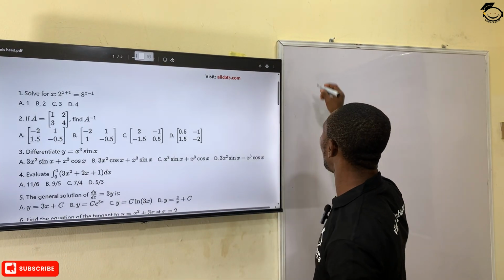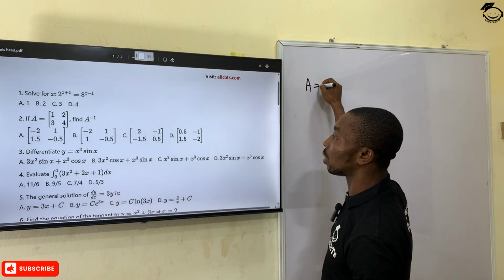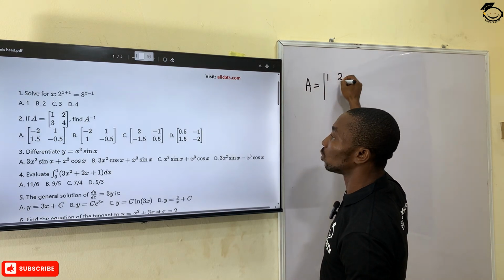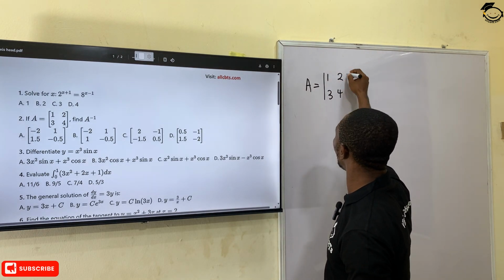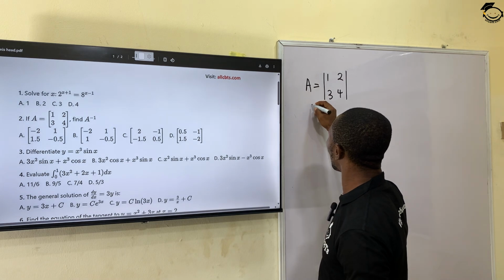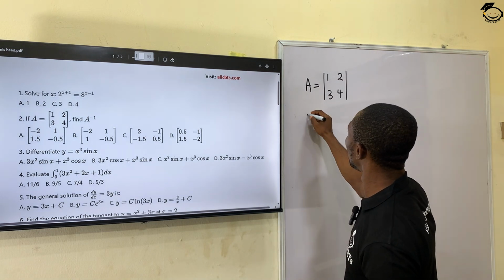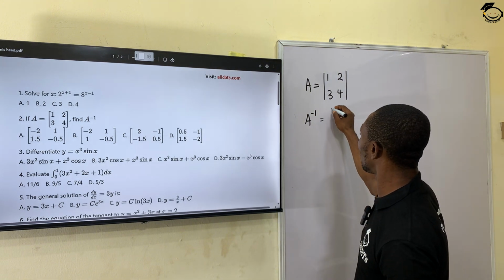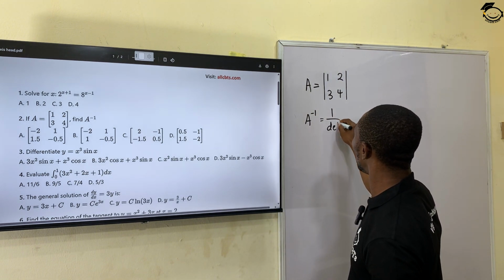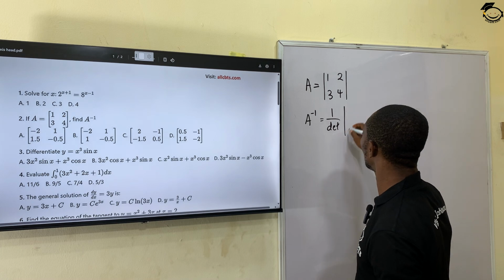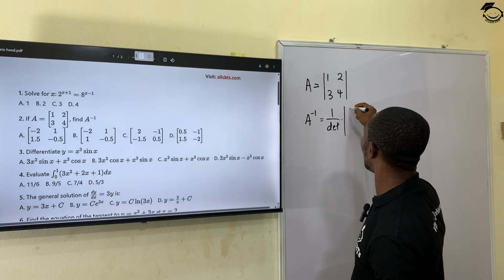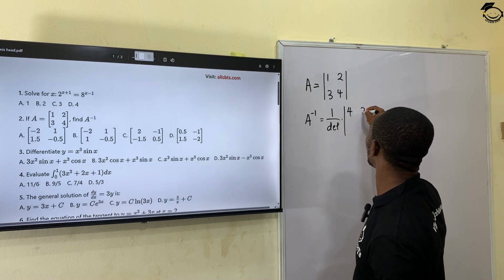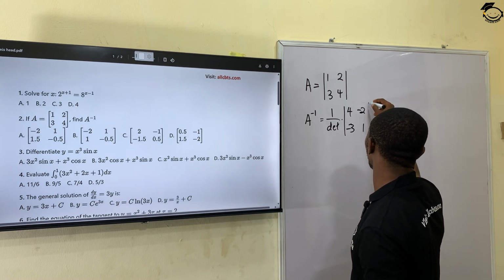If A equals 1, 2, 3, 4, we should find A inverse. So finding A inverse would imply finding the determinant of our matrix times 4, minus 2, minus 3 and 1.